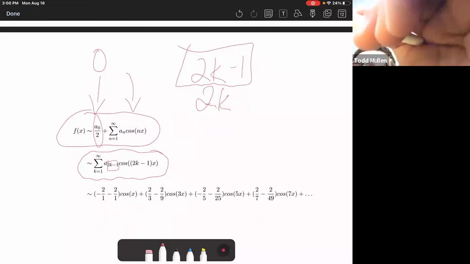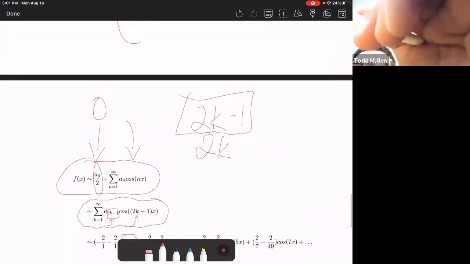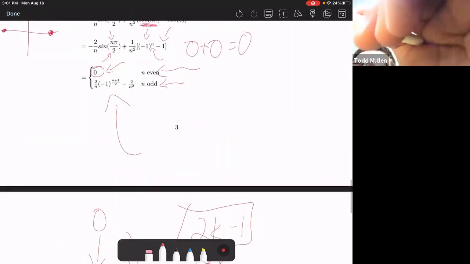So if I plug in k is equal to 1, that is going to give me my a1 term times cos of 1x. So the cos of 1x is here. And I would go back to my definition and see what happens when I plug in 1. I get 2 over 1 times negative 1 raised to the 1, which is negative 1, minus 2 over 1 squared.